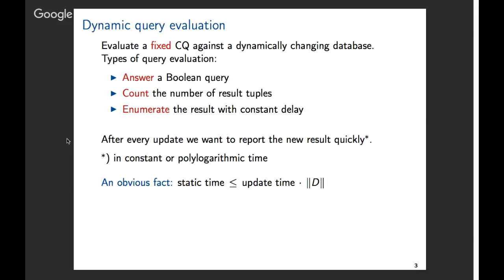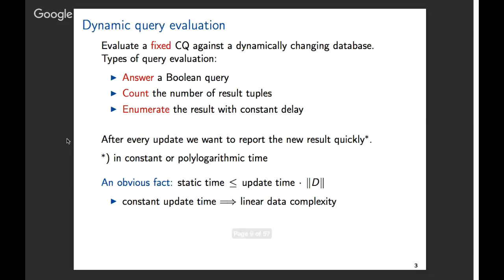So first note that we want to characterize those queries that have efficient update time. And if you compare it with just the static time of evaluating conjunctive queries, there is only a linear factor of difference, because we could just insert all tuples of the database and then use a dynamic algorithm to evaluate it in the static setting.